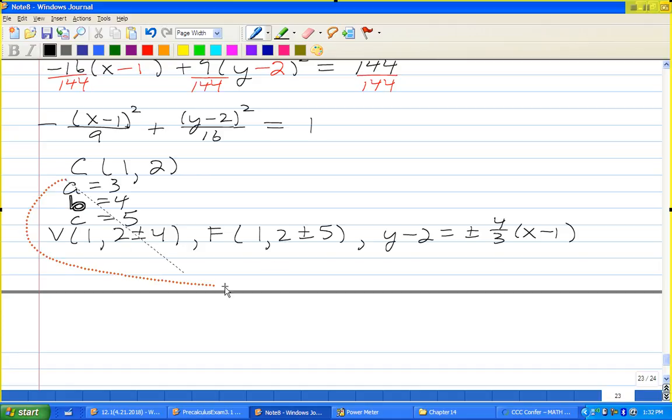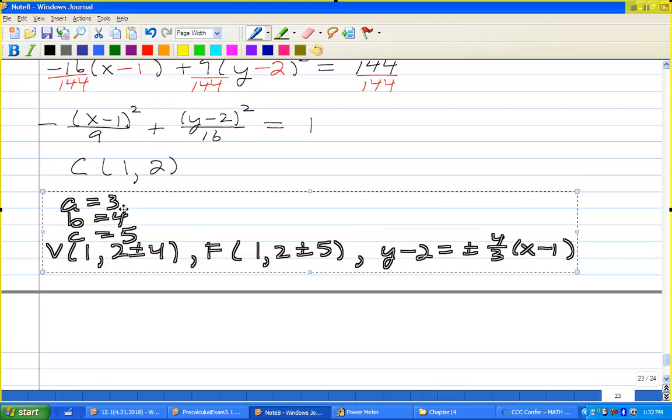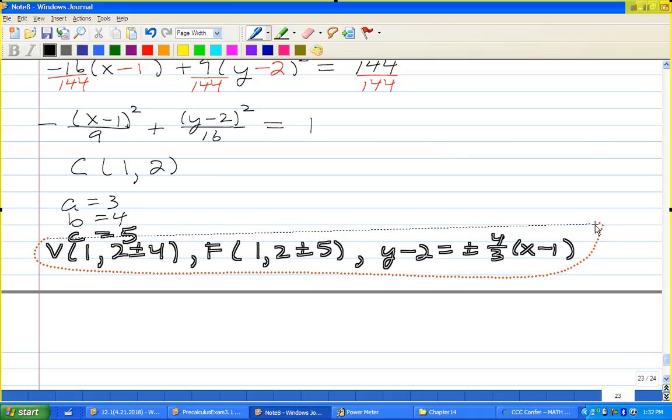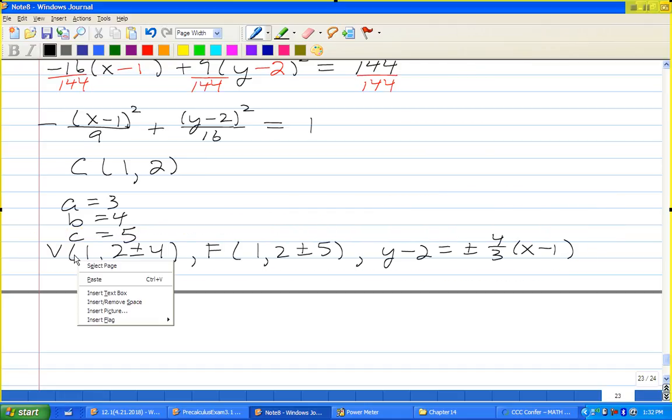And let me sketch the graph. I can bring this down then.